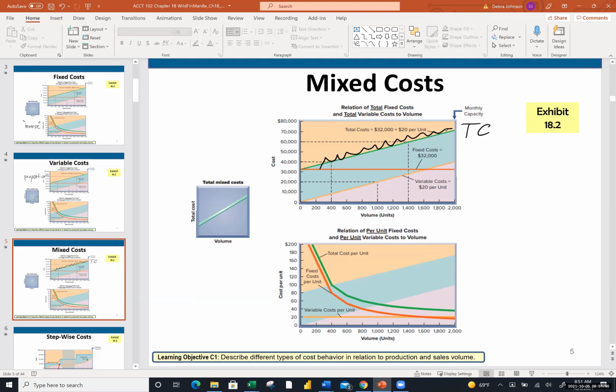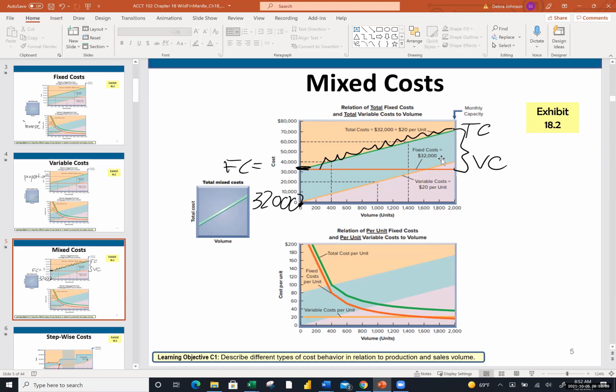The part that at 0 still has a cost here. The fixed costs here are $32,000. That was the rent. So the way that you would measure variable costs is the difference between those 2 lines, between the fixed cost line and the total cost line. That's how you measure variable costs.